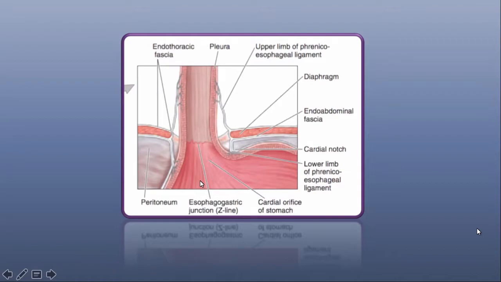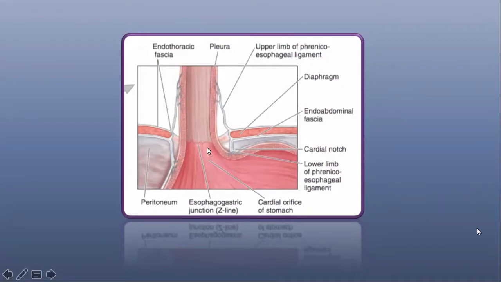So that is that junction. Remember, this esophagogastric junction or your gastroesophageal junction lies to the left of your T11. Remember, it's at the level of your 11th thoracic vertebra.